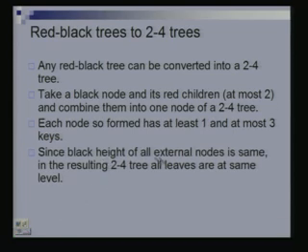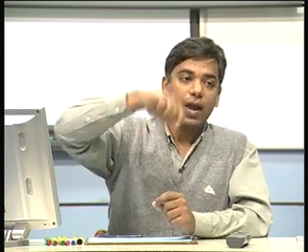Now, furthermore, the black height of all external nodes is the same. So, in the resulting 2,4 tree all leaves will be at the same level. Now, this might not make too much sense. What are we saying? The black height of all external nodes is the same. So, if I start from an external node and go up the tree, the number of black nodes I encounter would be the same no matter which leaf I started from.